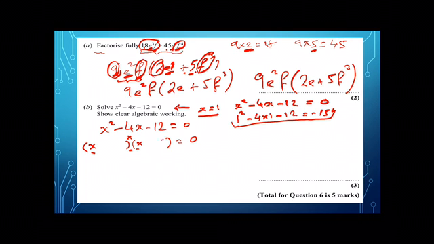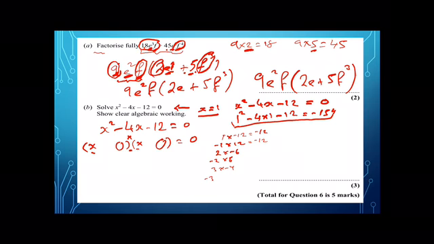Now we're looking for numbers here and here that multiply together to make negative 12. So 1 times negative 12 equals negative 12. We could do it the other way around actually. We could do 2 times negative 6, or negative 2 times 6. We could do 3 times negative 4, or negative 3 times 4.